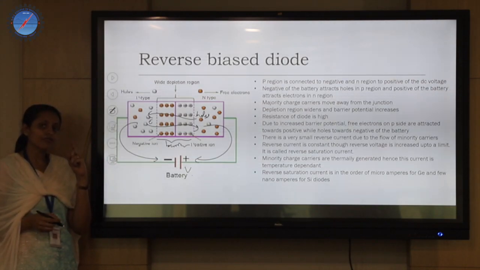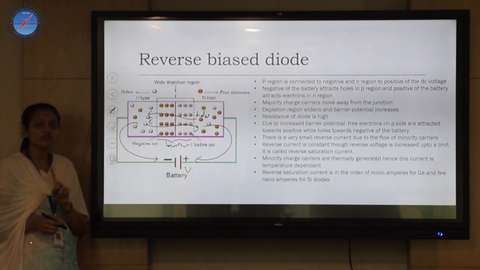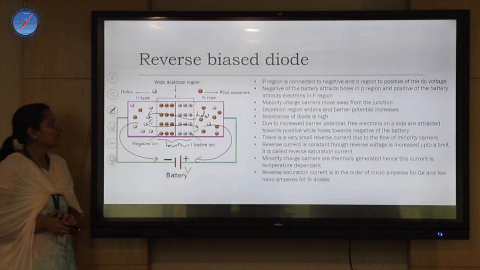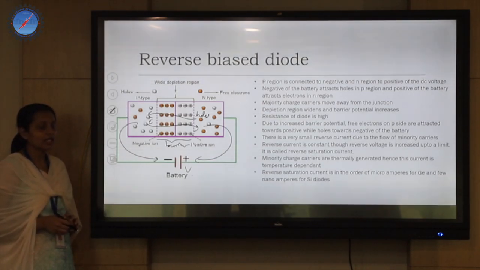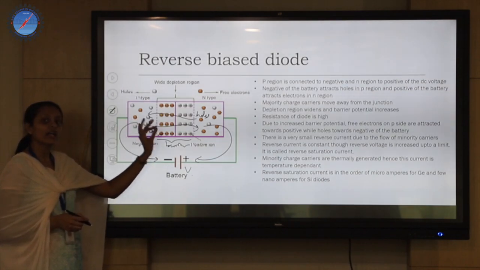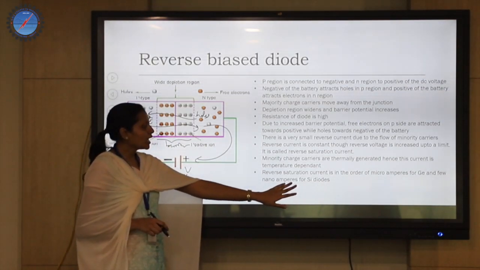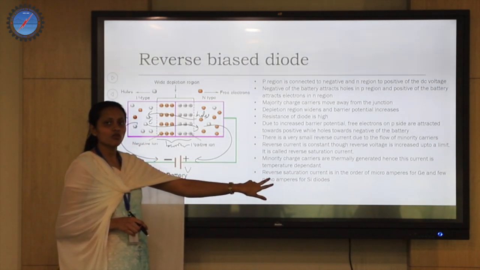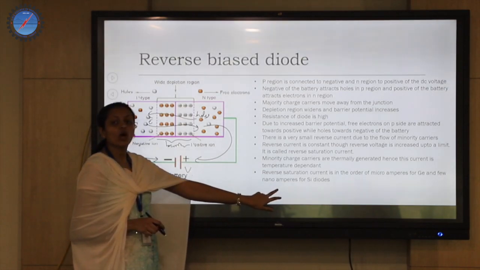What we initially defined is that the diode, when it is reverse biased, does not allow the flow of current, right? It is not allowing the flow of current due to majority charge carriers, but there is still a very small current flowing because of minority charge carriers. For a silicon diode, the reverse saturation current, what we call the reverse current, is in the order of nanoamperes.